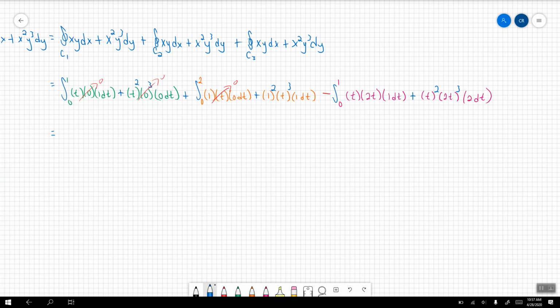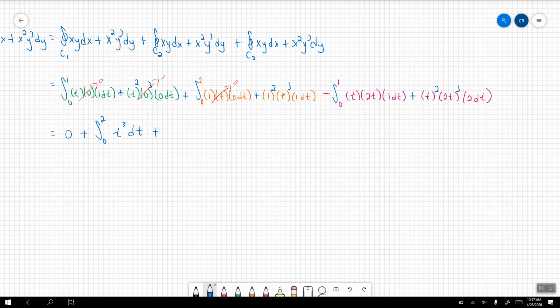So the first integral produces a 0. The second integral is going to go from 0 to 2. The first term is 0, which means all we're doing is integrating t cubed dt. That's for that second integral.